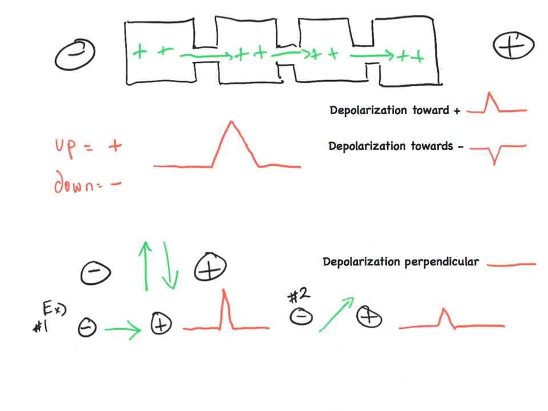Both positive electrodes see a depolarization event that travels towards it, but the direction of depolarization in example 1 has a more direct path towards the positive electrode, whereas the depolarization in example number 2 is at an angle to the positive electrode. The one with the more direct view is going to be the one with a stronger deflection.